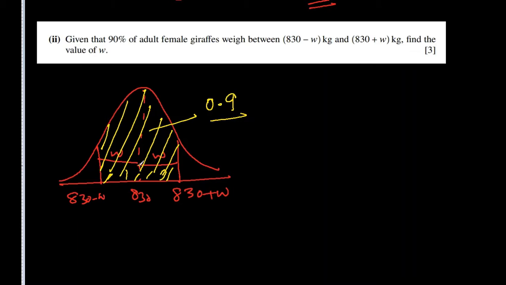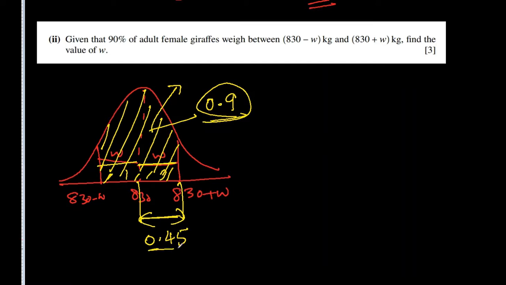What is this W? How much more or less than 830 is this? So let's focus on only one, the positive part, because we have Z scores for positive. Will you agree that if I take only the area from here to here, if the whole is 0.9, half of that will be 0.45, isn't it?